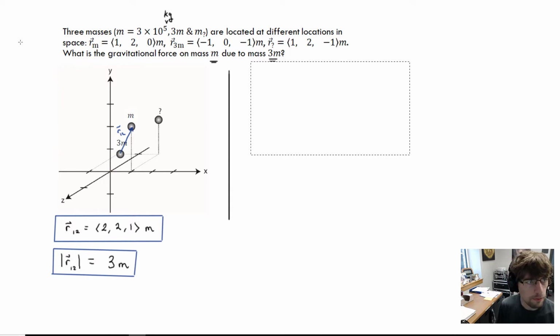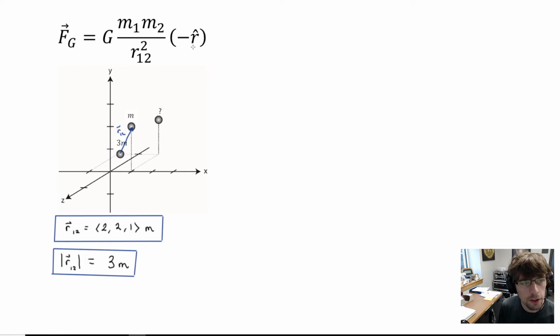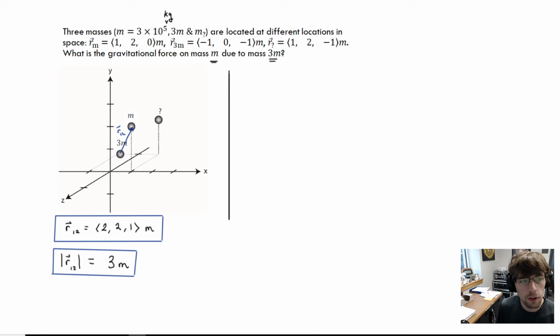Now, of course, the third piece that we need to get at is the r hat vector. So we better go ahead and calculate that out. So for the r hat vector, we remind ourselves of a color change. How do you calculate a unit vector?